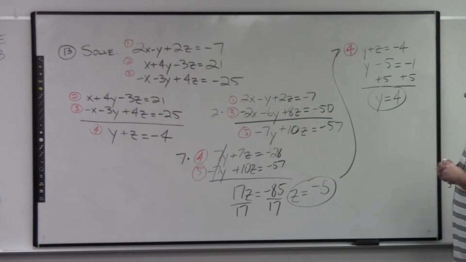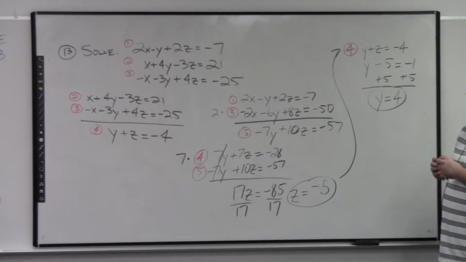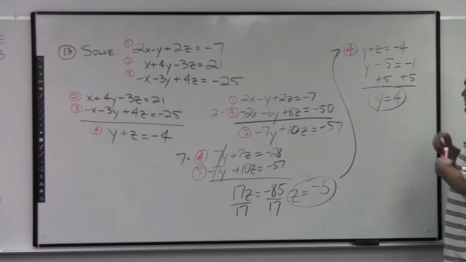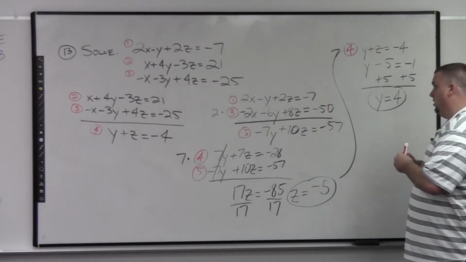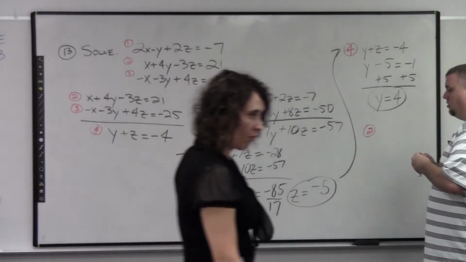Then let's go back and figure out what the third letter is, which is x. What equation would you like to use? The second one? Yeah, it doesn't really matter. So let's go to equation 2.